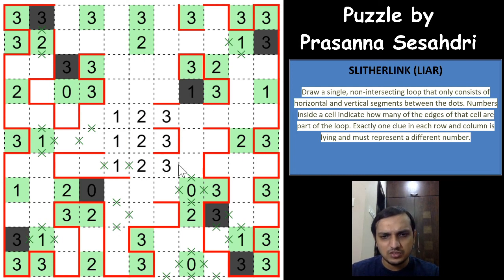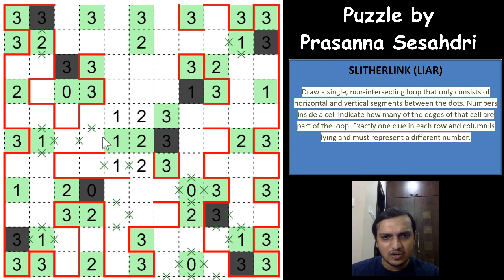Which means that this 3 will have to be correct, right? We can just mark that these 3s will have to be correct, and this loop segment doesn't come down or doesn't go towards the left, it has to go up, which means that now this 3 is wrong. So if this 3 is correct, you form a closed loop here. So this 3 is wrong here, which means all of these are correct here.